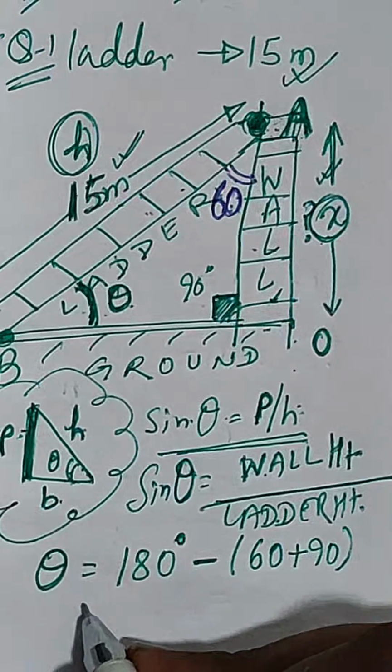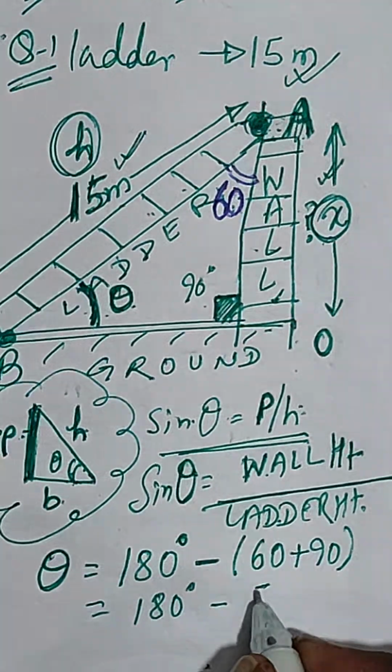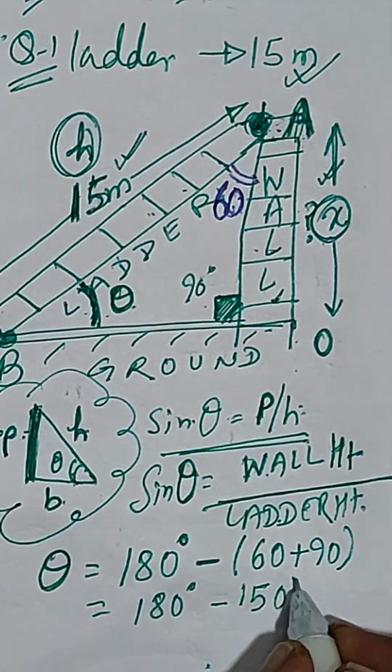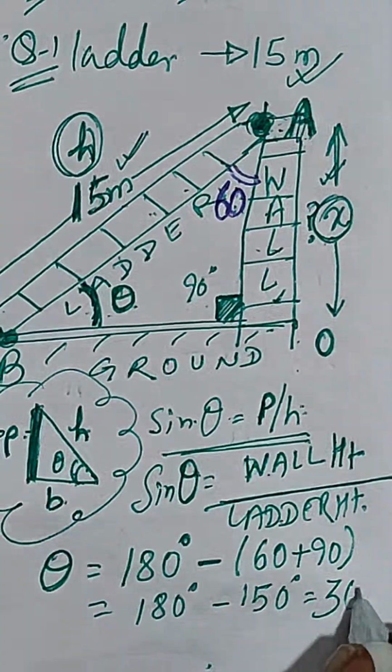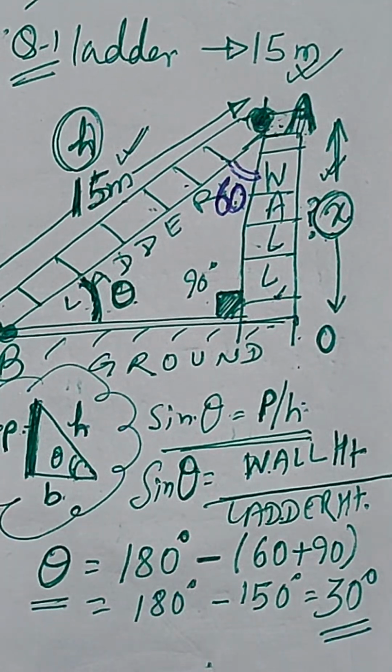This will give you 180 degrees minus 150 degrees, which is coming as 30 degrees. So this 30 degrees is the value of this theta, right?